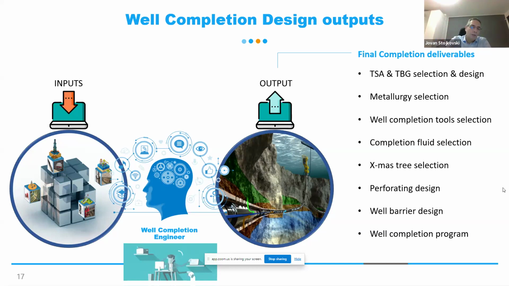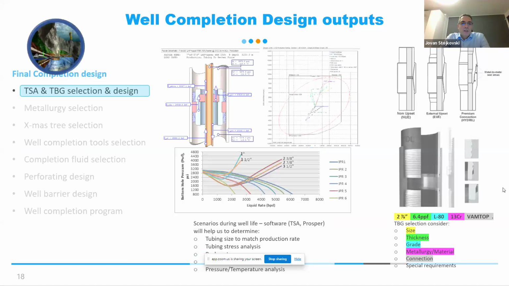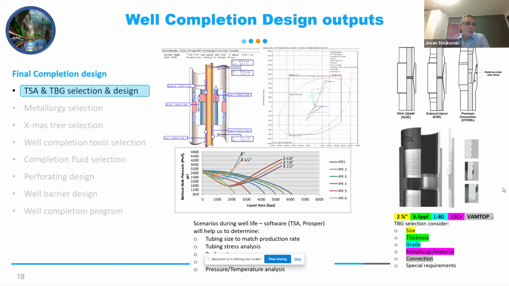All of those are compiled in the well completion program, the single delivery for the well completion engineer at the end of the planning phase. Here we will touch on the details of each deliverable and how it looks as we go through this journey.